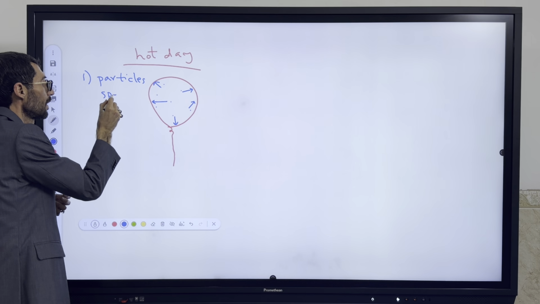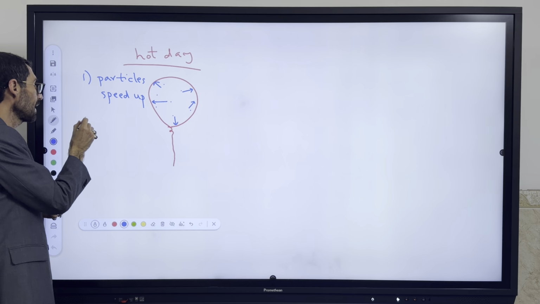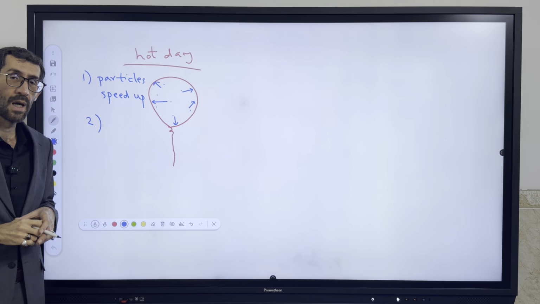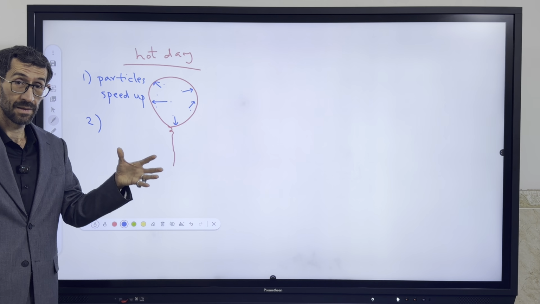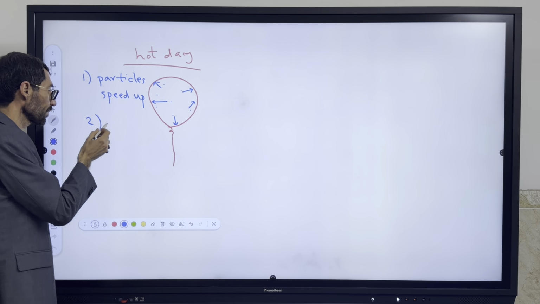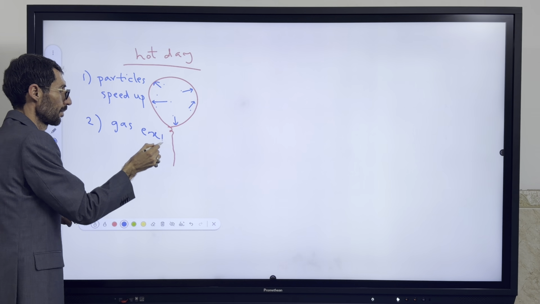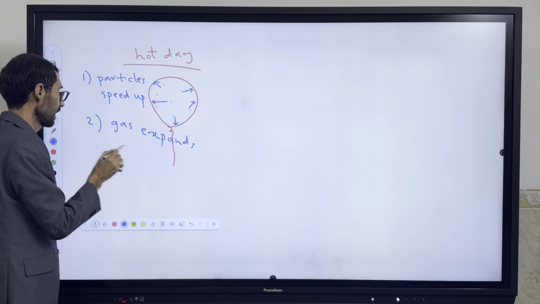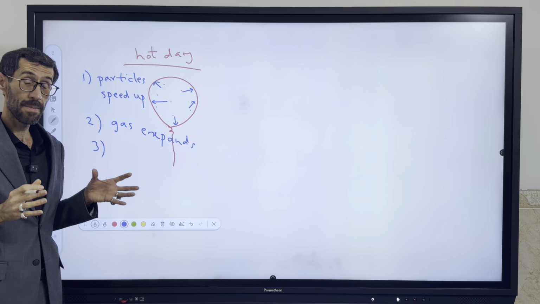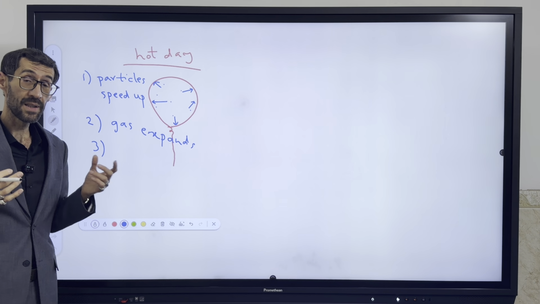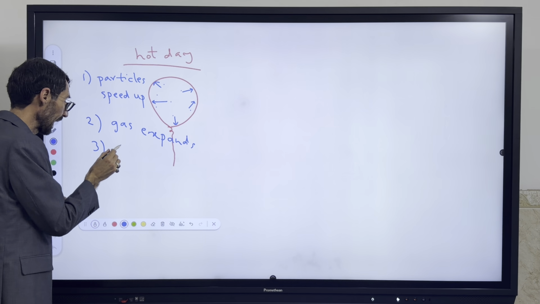Particles speed up. Right. The second result, what happens when particles speed up, the gas expands, right? The gas expands. So I can say gas expands, right? Gas expands. The third consequence, when particles speed up, they pick up more energy. So energy of the particles increases.